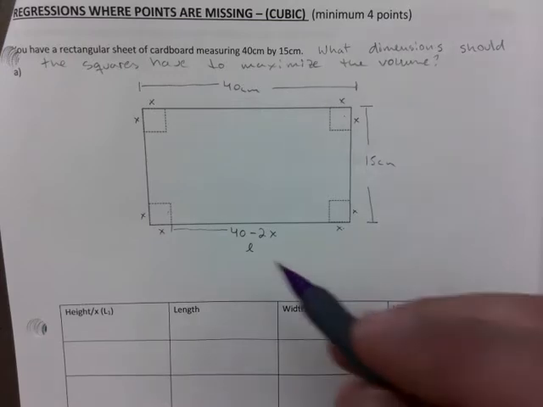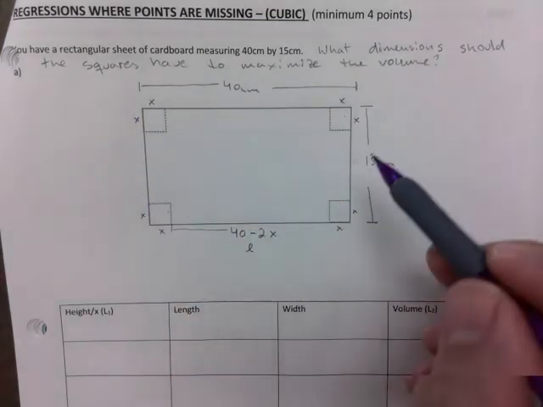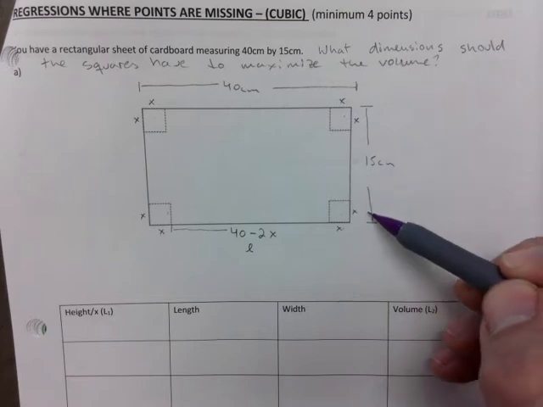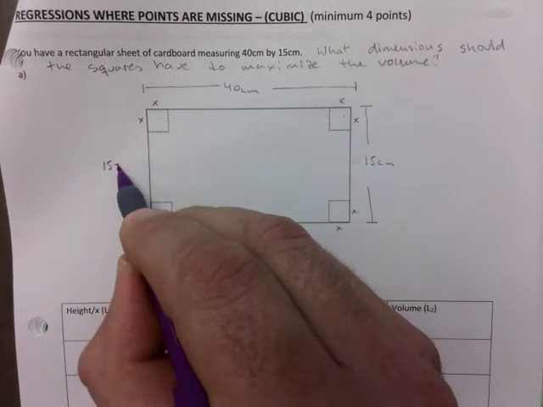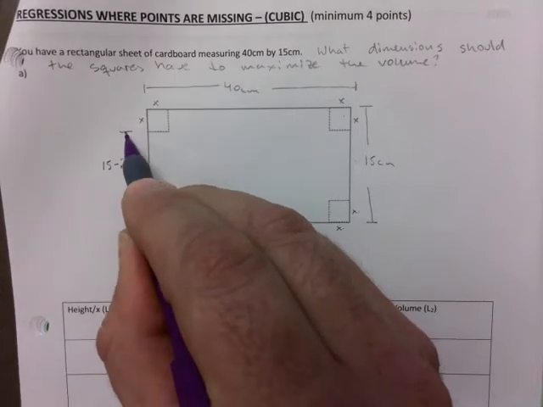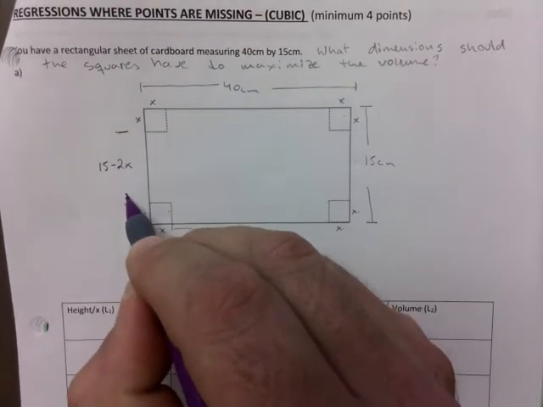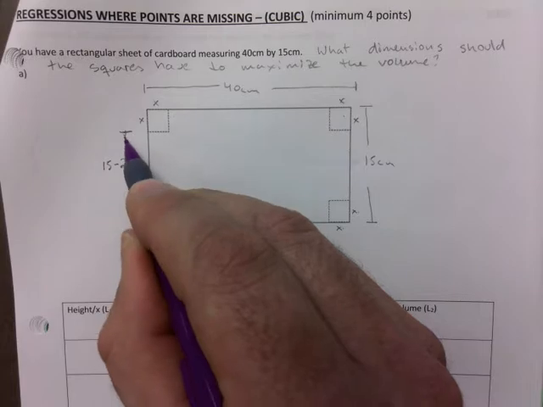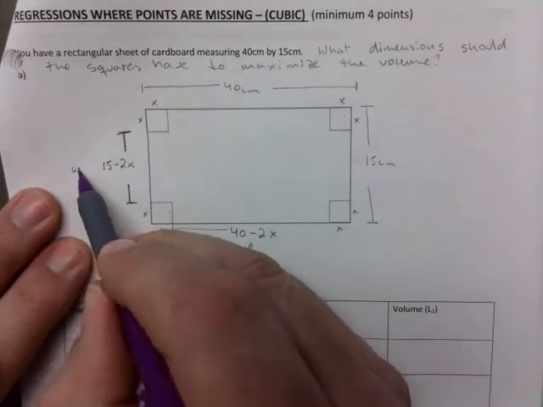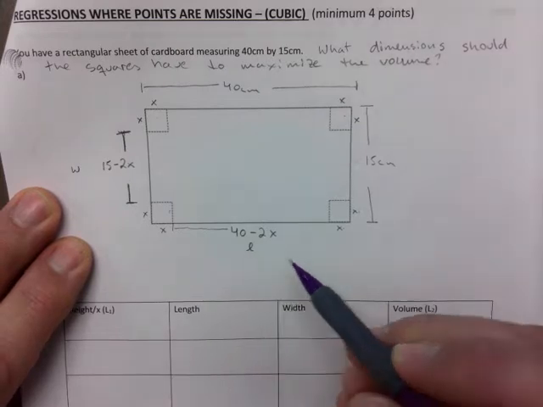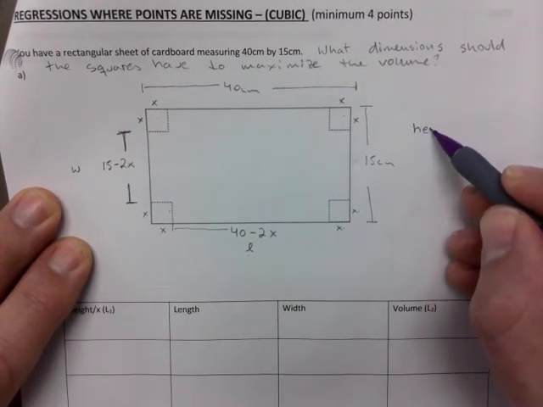The width of the box, you would essentially start with 15 and subtract 2x as well. So 15 minus 2x is the width of the box. And so we have our length, width, and obviously the height.